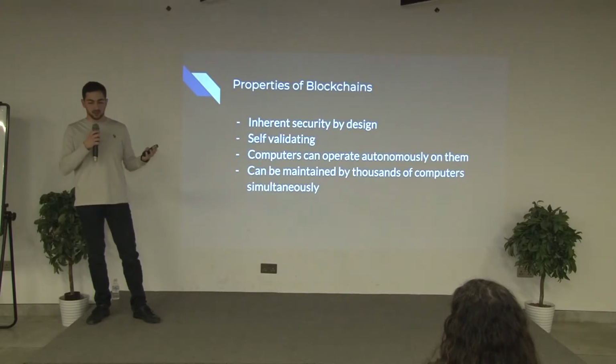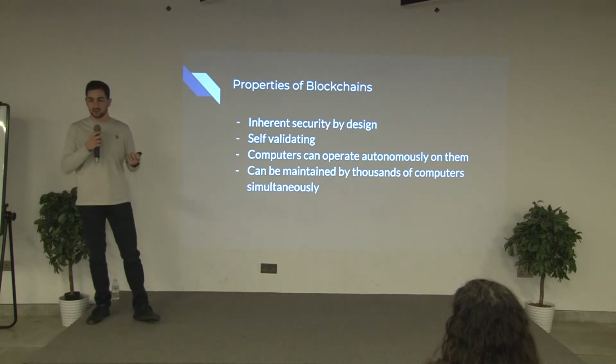So what I think is more interesting is some of the properties that blockchain brings to any sort of application. It has inherent security by design. All the methods in any blockchain application, whether it's signing a transaction, verifying a block, the mining algorithm, how you look up information, all of these processes involve cryptographic methods which have many years of research behind them.